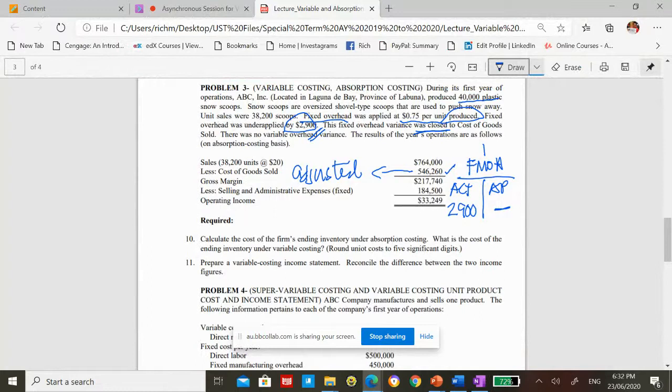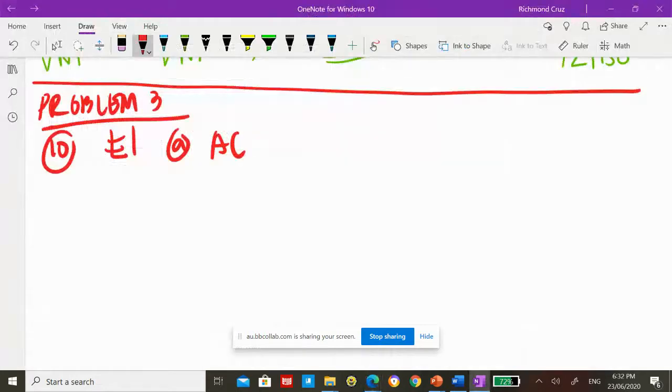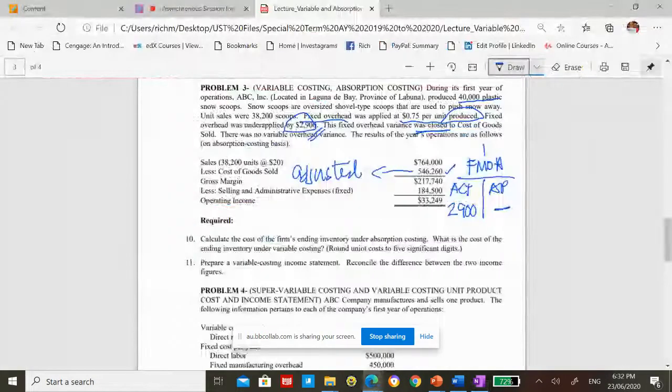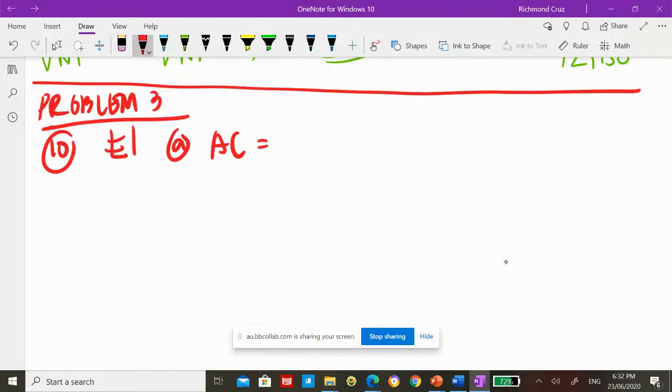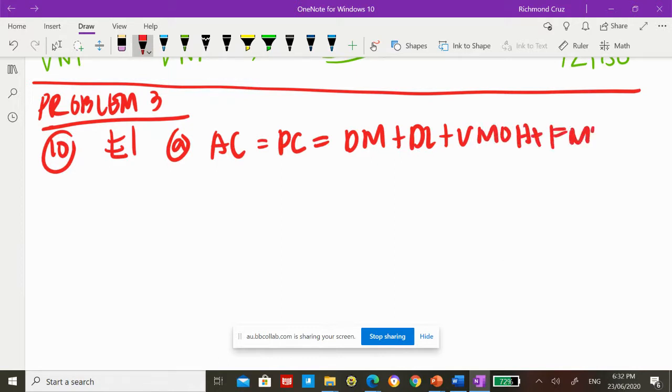Paano yun? So, under ng absorption costing, edi we need to compute for the product cost per unit. So remember, di ba ano to? So pag ang product cost under ng absorption costing is direct material plus direct labor plus variable manufacturing overhead plus fixed manufacturing overhead. Yung total nito, ito na yung nandun sa cost of goods sold.